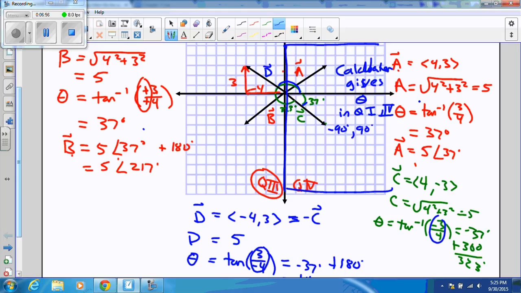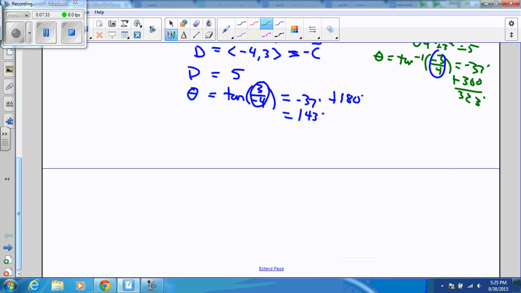In other words, between -90 degrees and positive 90 degrees, that is the range of angles that we're going to get. And actually, the calculator will never get us exactly those, so let me put parentheses on that. But if my vector happens to be in quadrants 2 and 3, just like B and D were, the calculator will not give me these angles. Instead, it's going to give me matching angles over in the other quadrant, and so that's when I have to add 180 degrees to them. What do all the vectors in these two quadrants have in common? Well, their x components are negative.